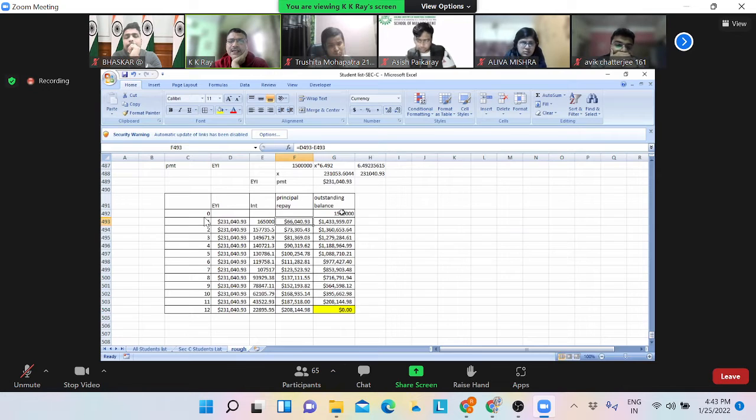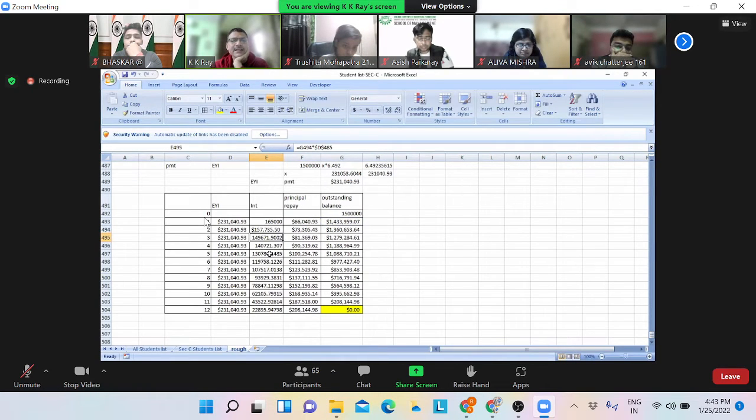So from the original 15 lakhs, how much principal did I pay? Only 66,040 rupees. The remaining is my outstanding balance for the first year end. At the end of the first year, my remaining loan amount will be this. Similarly, on this amount the second year's interest will be calculated: first year outstanding multiplied by the interest rate.